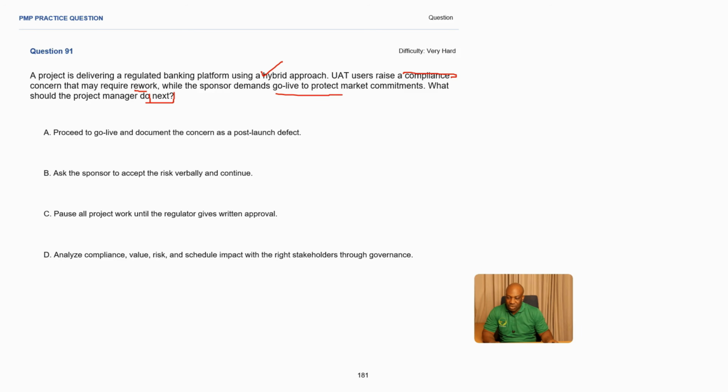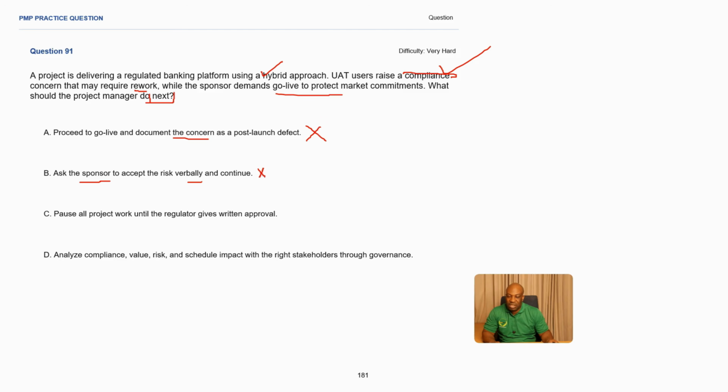So let us go through these answers now. A, proceed to go live and document the concern as a post-launch item. You are just postponing a compliance issue. This is unlikely to be helpful in the project. B, ask the sponsor to accept the risk verbally and continue. You don't ask the sponsor to do this, especially when it's verbal and this is a compliance issue. You cannot go with verbal things.